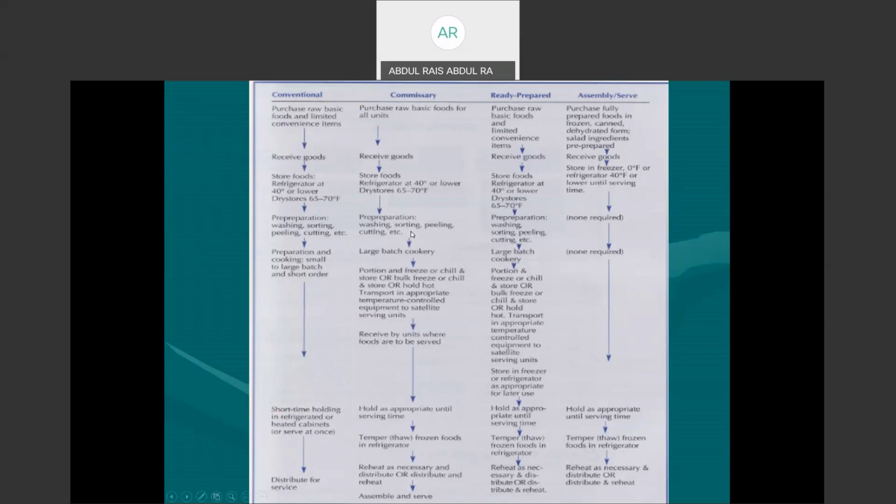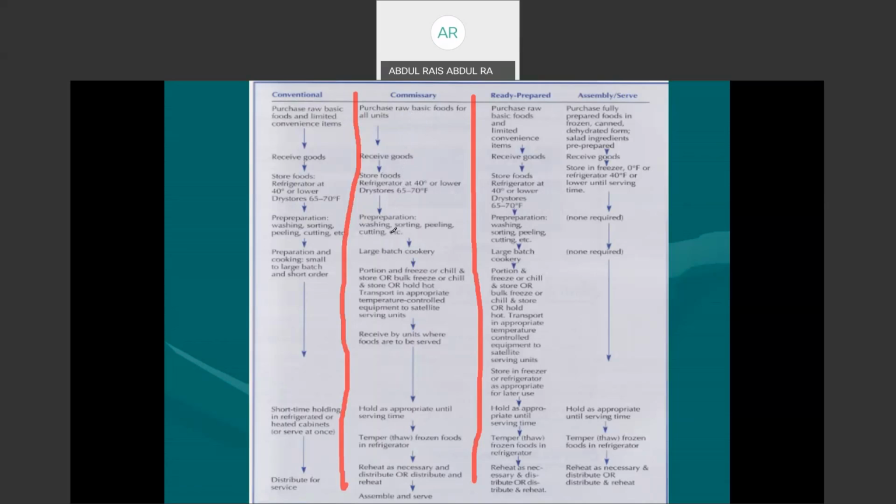Now, if we look at commissary food service, what does it say? Food is purchased in raw basic form for all units. They receive the food, with the same storage, dry and cold.